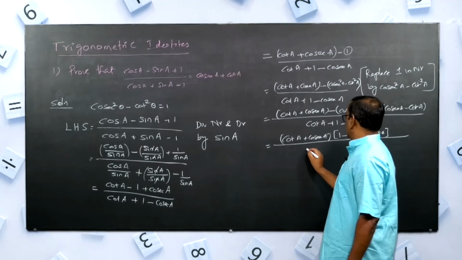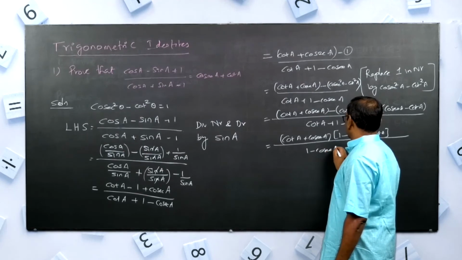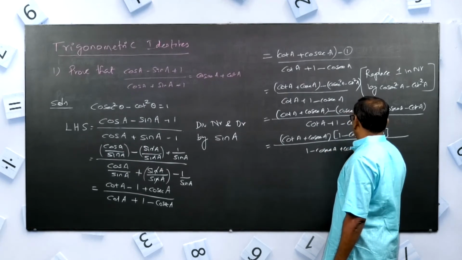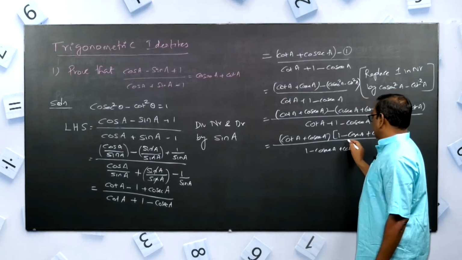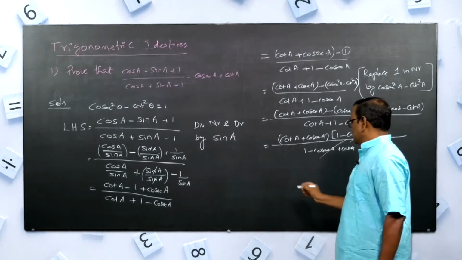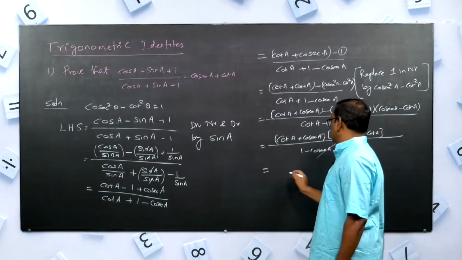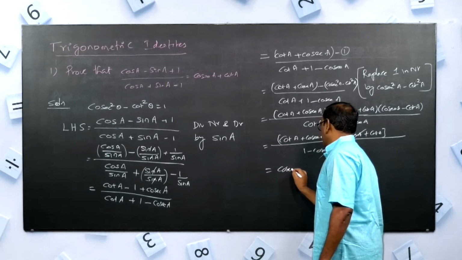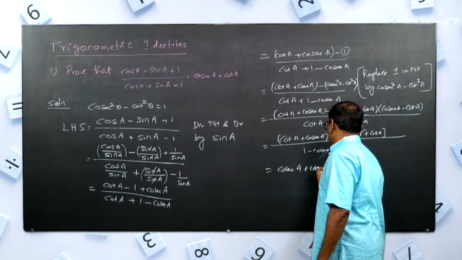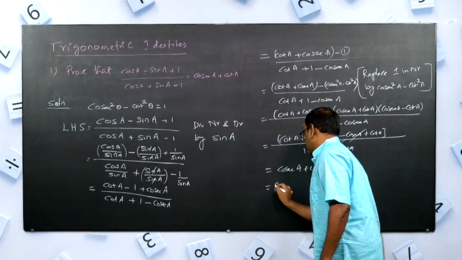Now the denominator is 1 minus cosecant A plus cot A. Rewrite the order, then only we can cancel these two expressions. So what is the final expression now? The final expression is cosecant A plus cot A. This is RHS.